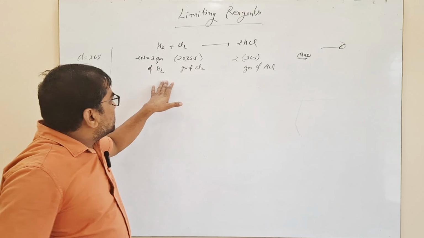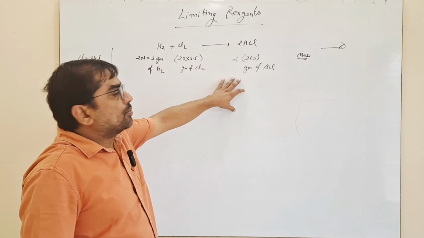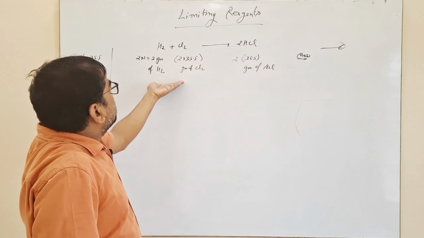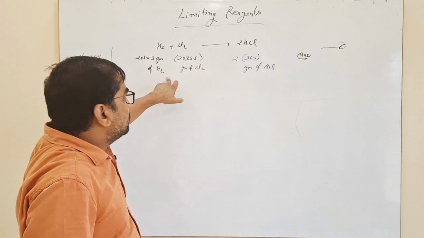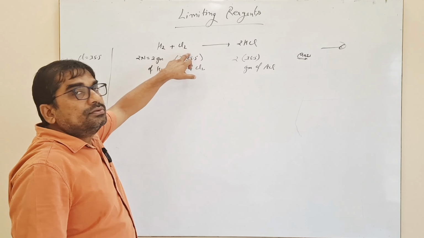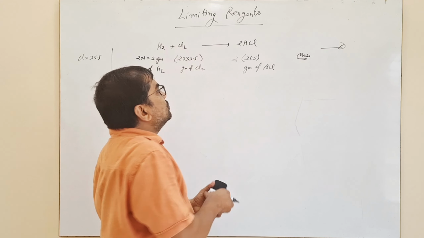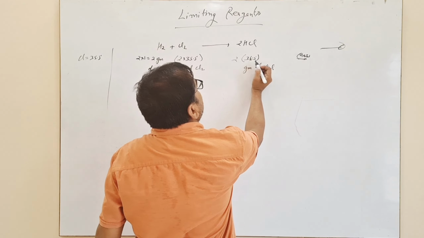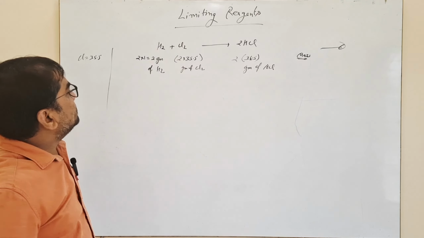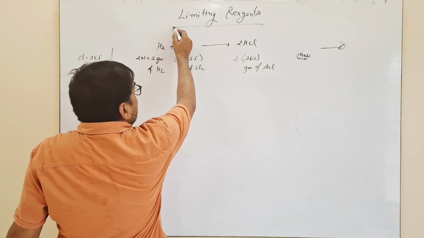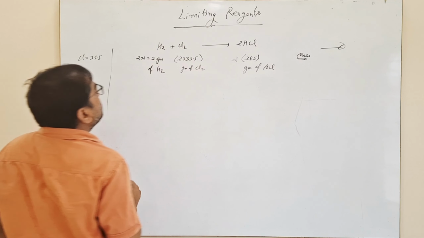The quantitative relationship between reactants and product is given here: 2 gram of hydrogen reacts with 2 into 35.5 gram of chlorine and gives 2 into 36.5 gram of HCl. So what are limiting reagents?